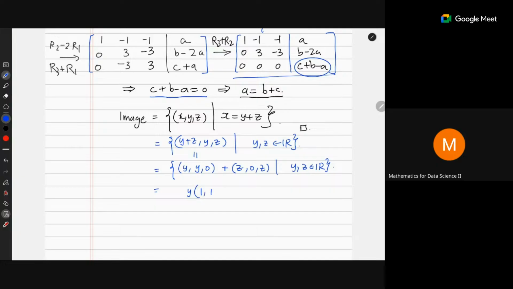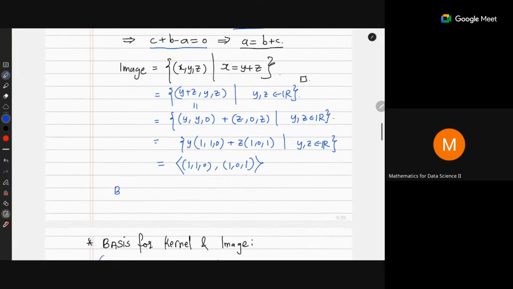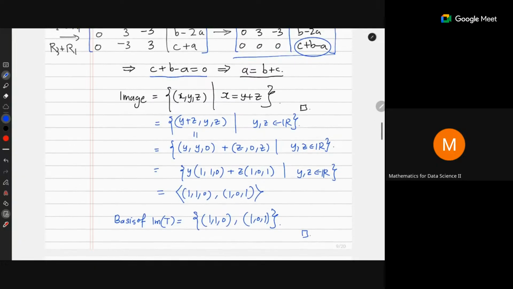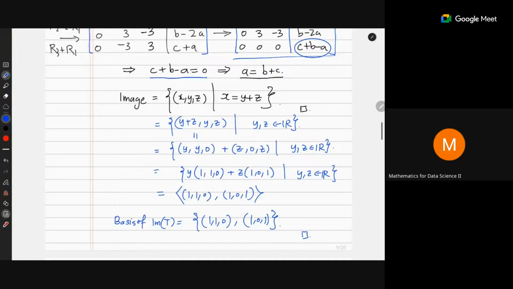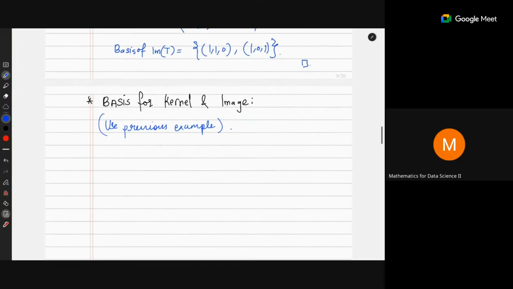Take y out and you get one vector, take z out and you get the other. This is nothing but the spanning set of these two vectors, (1, 1, 0) and (1, 0, 1). So the basis of the image of T is (1, 1, 0) and (1, 0, 1). This is how we find the basis. Earlier, I already discussed how to find the basis of the null space, so I will not do that. So this part is done.